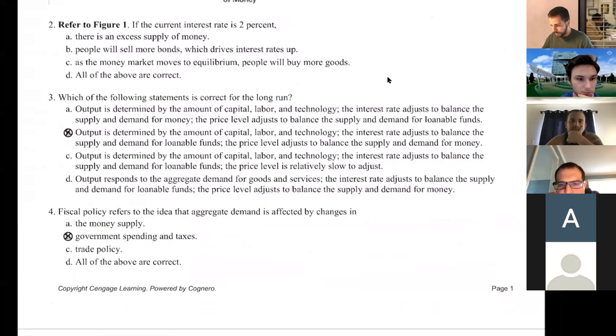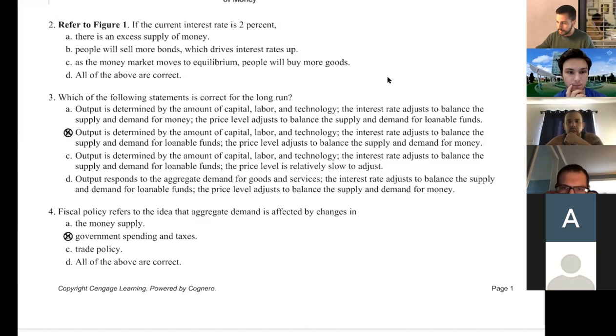Number 3: which of the following statements is correct for the long run? With those kinds of questions, in general, you have to take them step by step. The first thing: output is determined by the amount of capital, labor, and technology. The second one: output is determined by capital and technology.